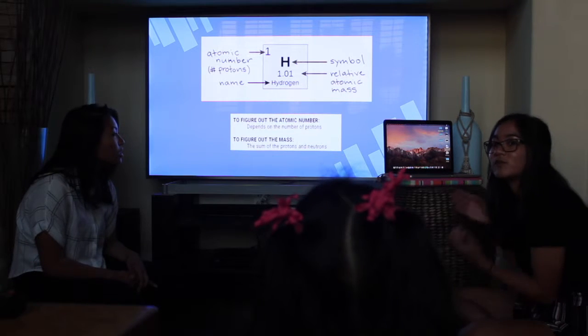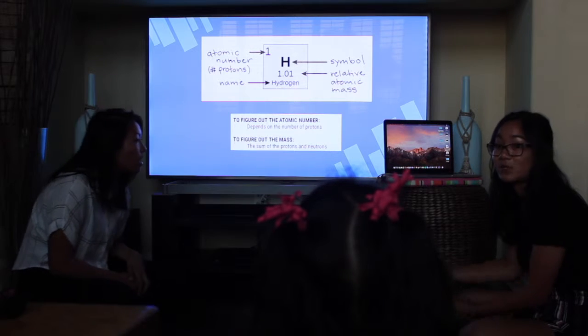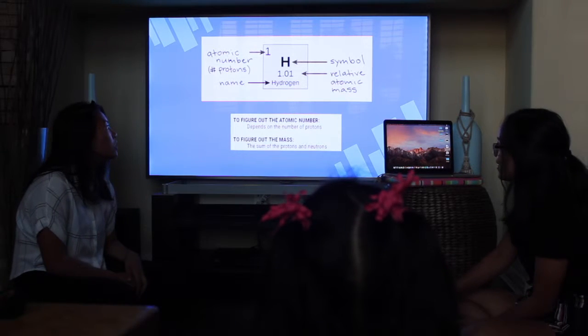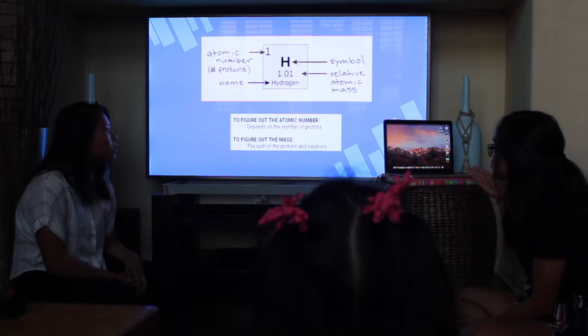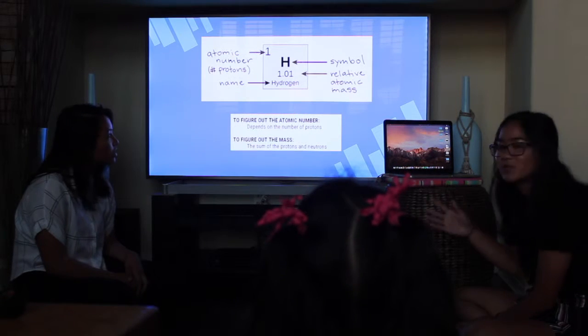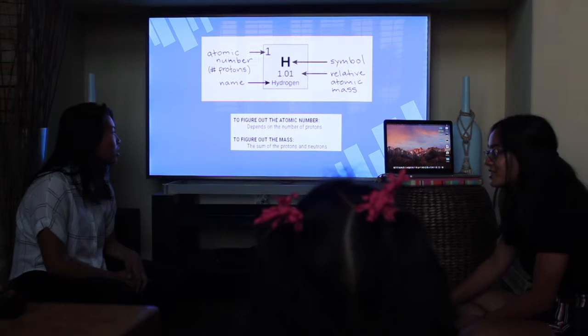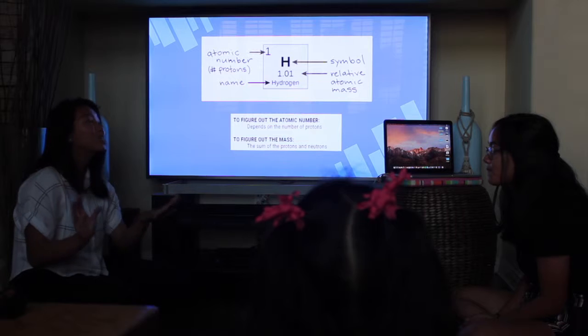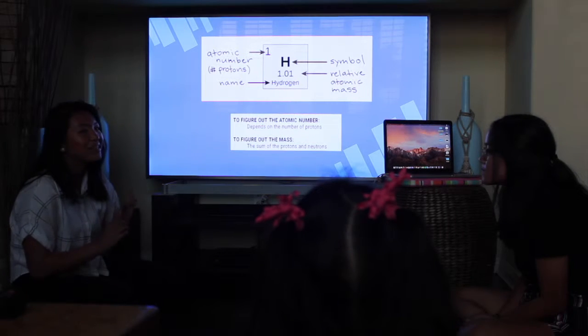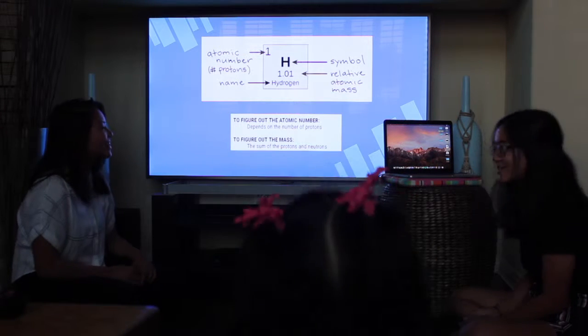And just like what we told you, the protons are positively charged particles in a nucleus, right? And then the number below the letter is what you would call the mass, or the weight of an atom. Which is the sum of protons and neutrons. So that's what that is, that we told you earlier. So yeah. Okay.